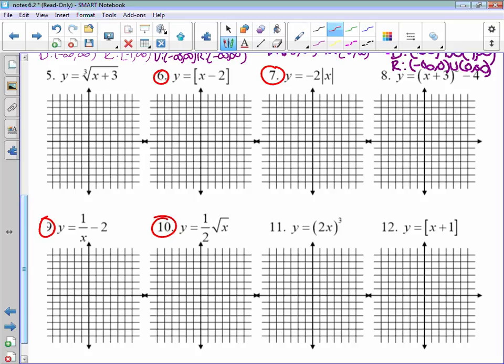You guys ready or you need a minute? I messed up on number 6. I did the absolute value.